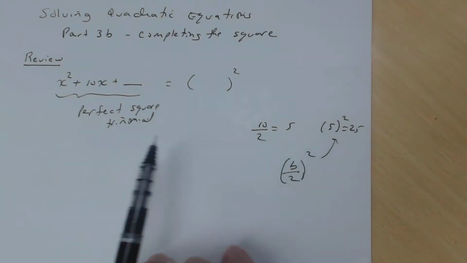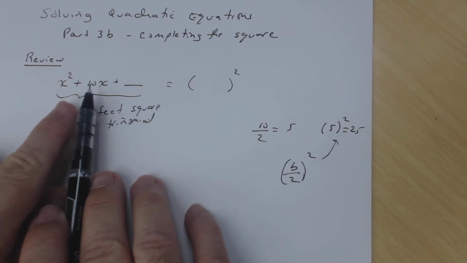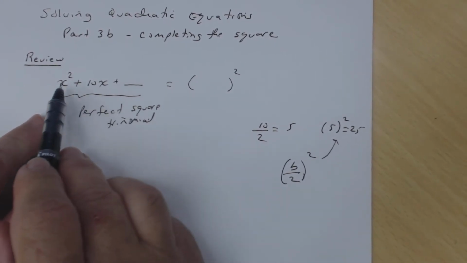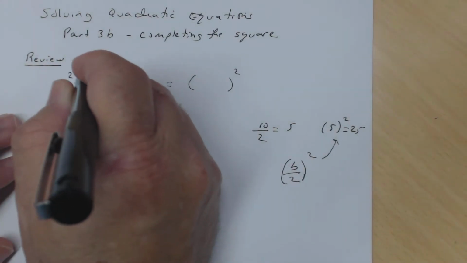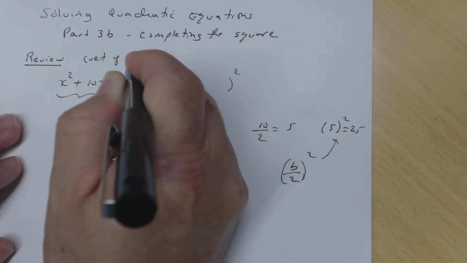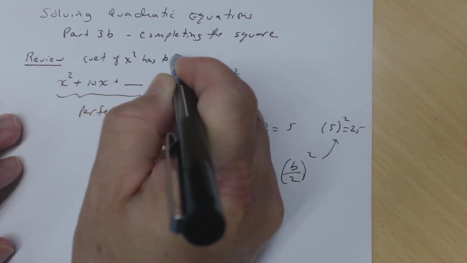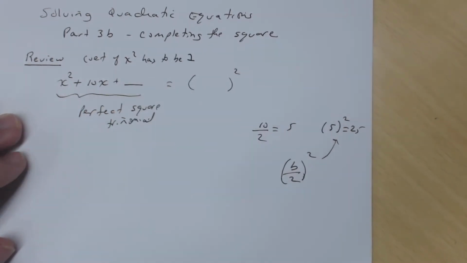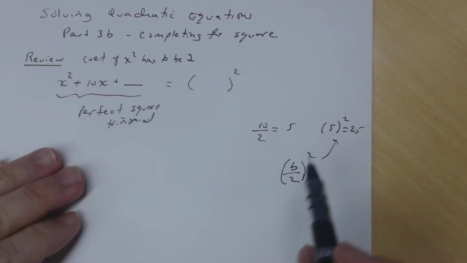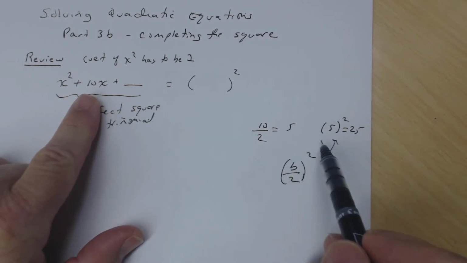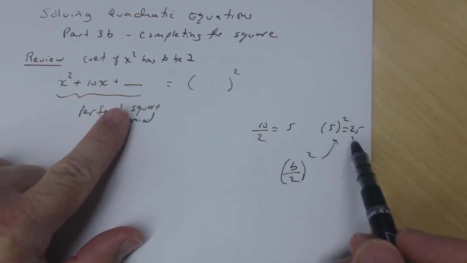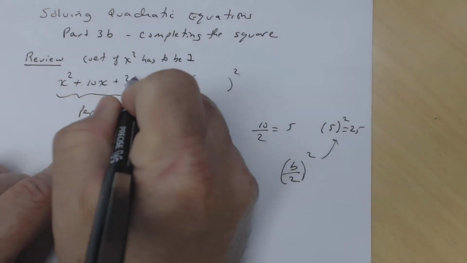Now remember, this is only true if the coefficient of x squared is 1. So the coefficient of x squared has to be 1. Keep that in mind. If it's not 1, then you have to do something else. In this case, 10 divided by 2 is 5, 5 squared is 25, and then I add 25 here.